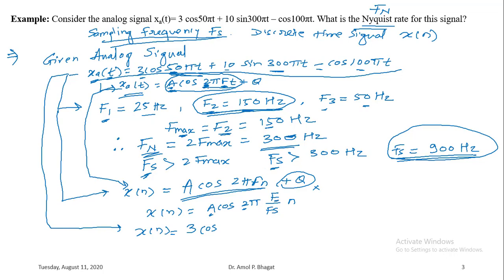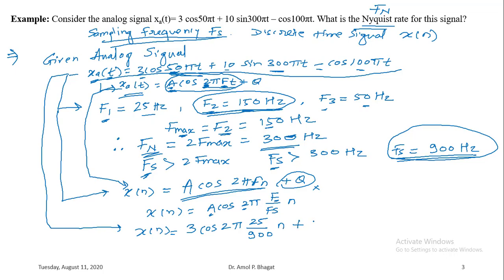In place of 2f, 50 is there, right? So I can rewrite it as 2 pi 25 upon Fs, but Fs I have considered as 900 hertz multiplied by small n, right?